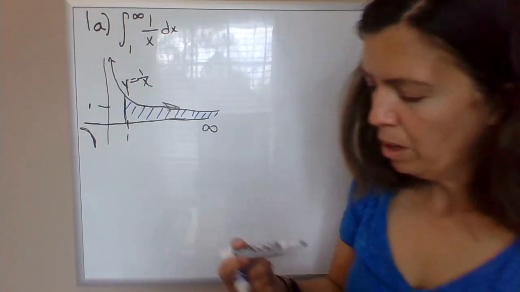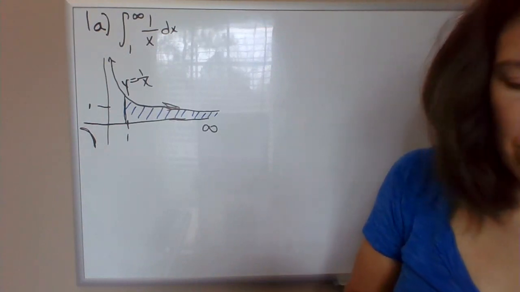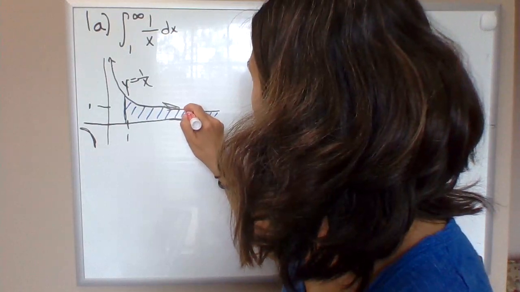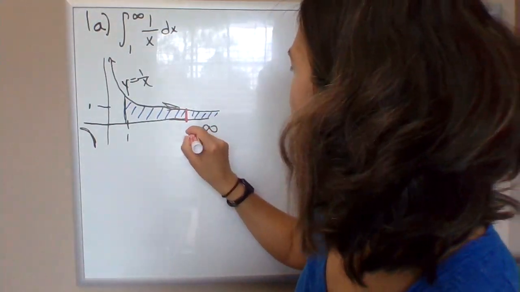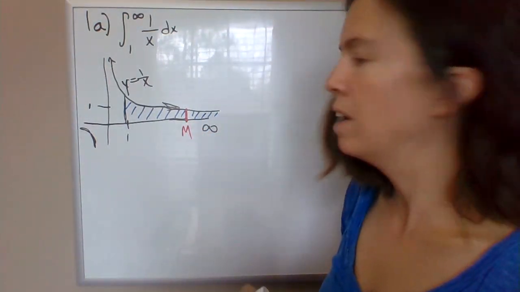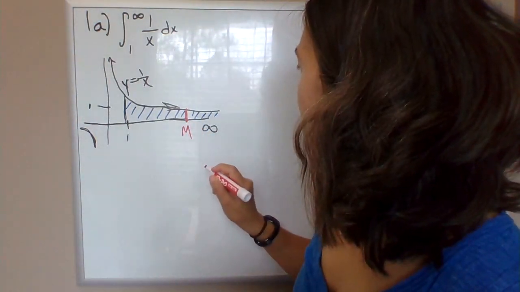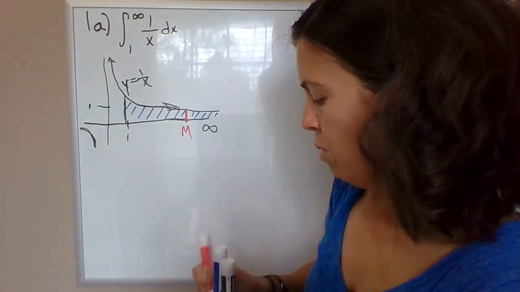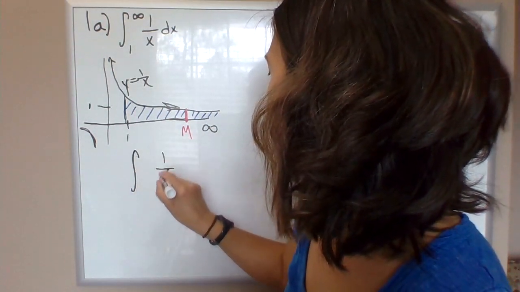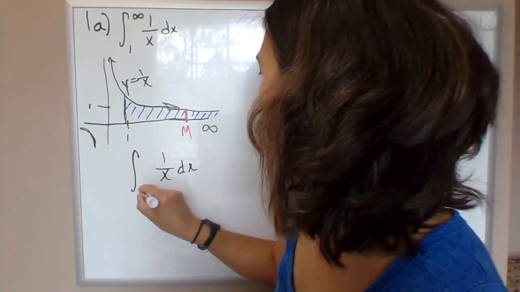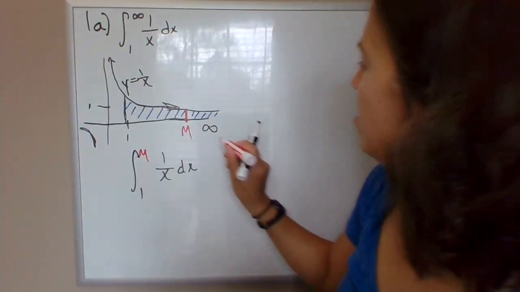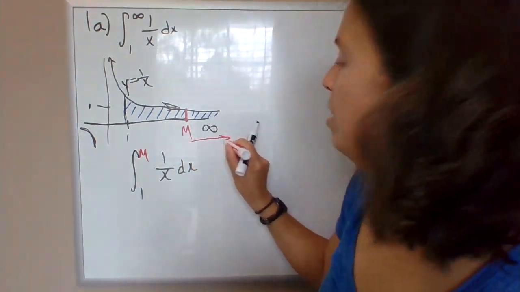Okay, so if we really want to write an integral that represents the area of a finite region, then what we could do is set up some kind of right-hand boundary here, and I'll call it capital M, since that's the way I have it labeled in the notes. And so we could write the integral that finds the area under the curve 1 over x going from 1 to m, and then take the limit as m increases out this way.